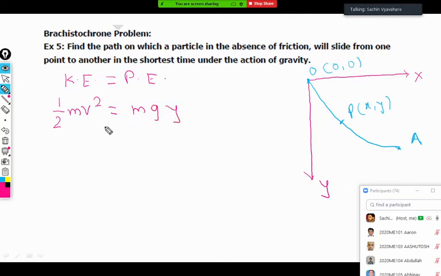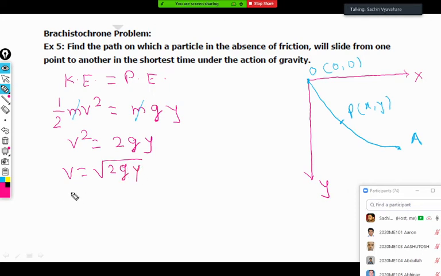These are formulas you should know; if you don't, remember them. So m gets cancelled, and we get v² = 2gy. This is actually g, not 9. So v becomes the root of 2gy.